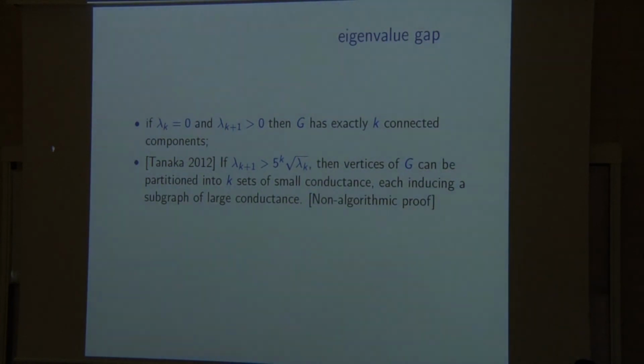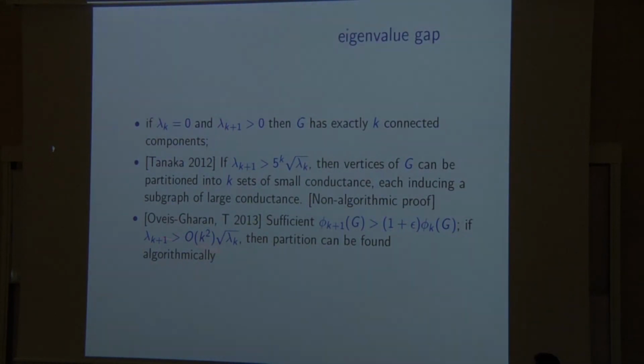You have k sets, each one in the whole graph has a conductance that depends on lambda k, and each one induces a subgraph whose expansion depends on lambda k plus 1. But his proof is non-algorithmic. At some point in the argument he needs to say, here is a graph, let's take the least expanding cut of this graph, which is an NP-hard problem, and then do something.